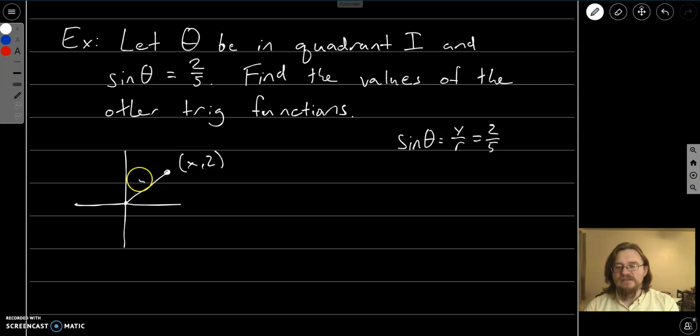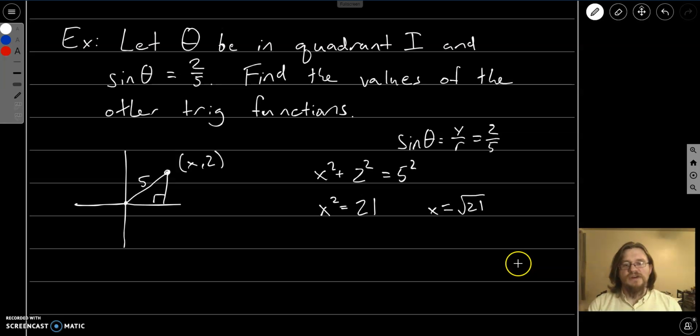So we know that this distance is 5, and this point up here is going to be x comma 2, but we don't know x. We can figure out x though, because we have a right triangle. So we know that x squared plus y squared, y I'm just going to use 2, is equal to 5 squared. So solving for x, 5 squared is 25, 2 squared is 4, 25 minus 4 is 21, so x is the square root of 21. So we can write that in.